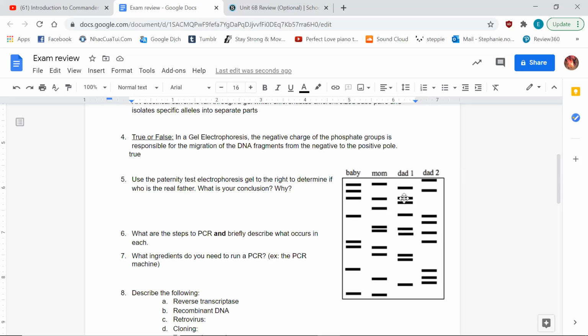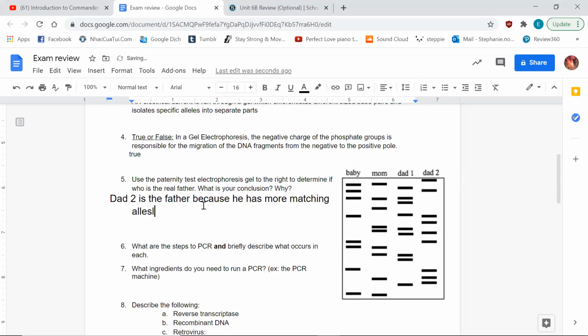This one has one, two, three, about four matching. So we'll call it dad two.